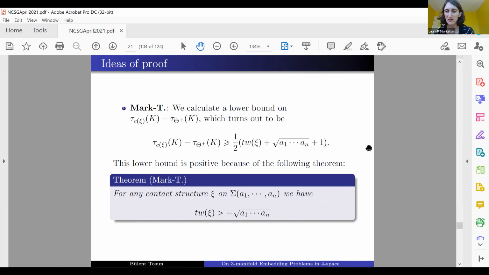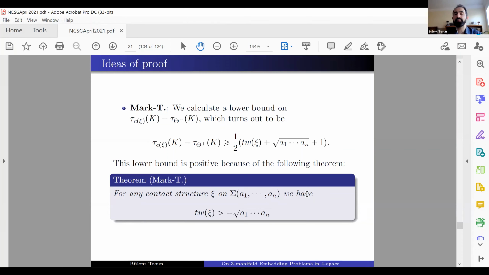And can you say a couple of words about how you show that without really knowing anything about the contact structure? So what goes into the proof is that you try to implement the usual convex surface theory argument, which is that this Brieskorn homology sphere Sigma has the structure of a Seifert fibered space.